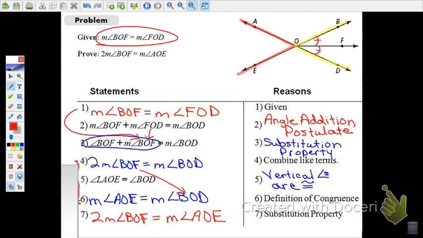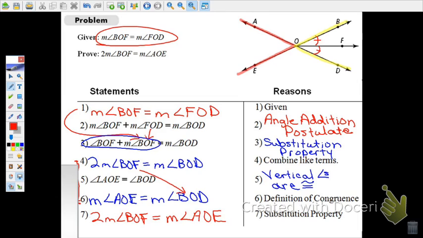Okay? That this big angle is the sum of those 2 angles added together. So 2 times BOF is going to equal angle AOE. That's what we're trying to prove. So we just have to step through to get to that statement.